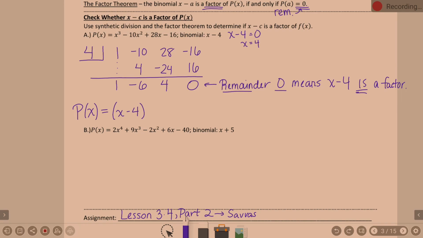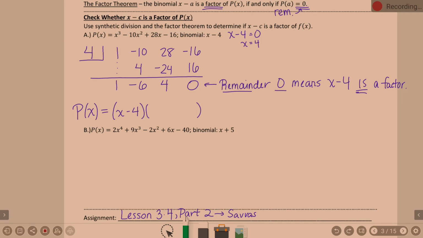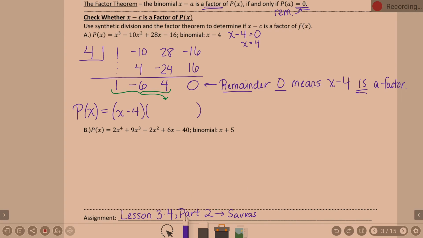What's the other factor? We divided by X minus 4 and got what? That 1, negative 6, and 4? What do 1, negative 6, and 4 represent? The other factor. It's going to be 1x squared minus 6x plus 4.